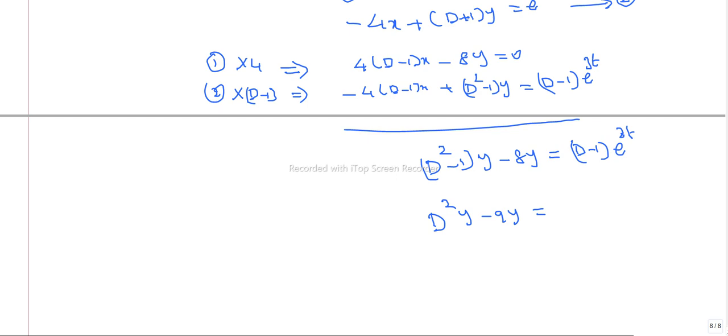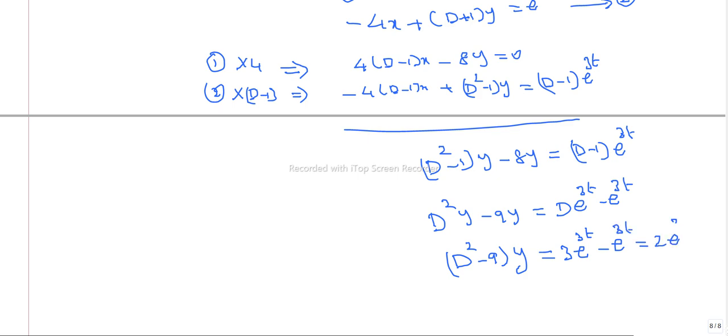Therefore D into e^(3t) minus e^(3t). So this is D squared minus 9 times y equal to, what is the derivative of this? 3 into e^(3t) minus e^(3t). Therefore totally we have 2 times e^(3t).